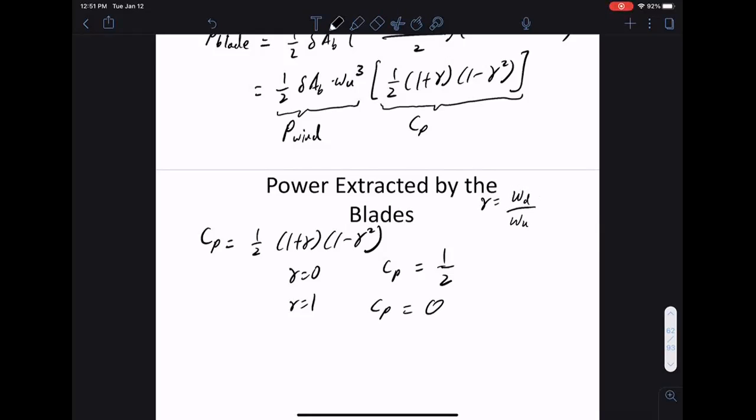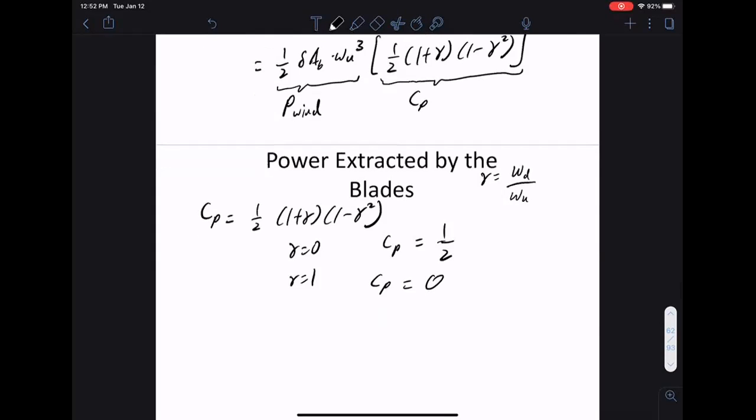If the CP is 0, meaning the coefficient of performance is 0, you're 0% efficient, you extract no power out of wind, which is what we expect to happen, right? Since wind did not lose speed, then conservation of energy tells us no energy is lost. So this makes sense.